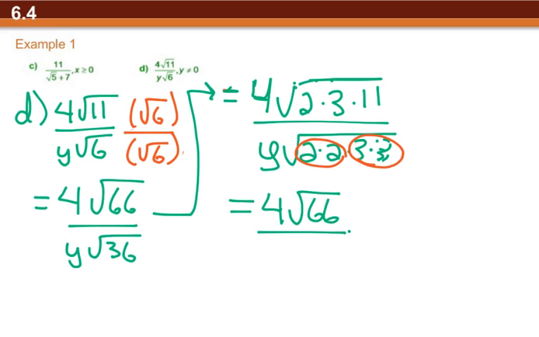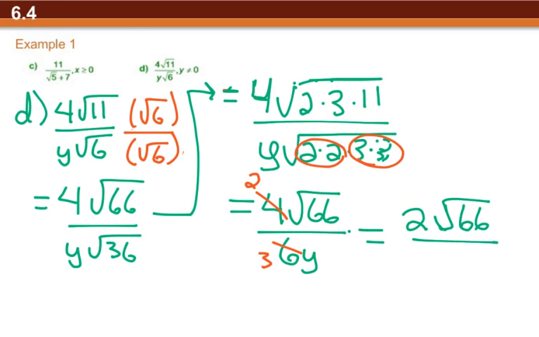On the bottom, the 2 and the 3 come out, multiply into the y. We have 6y. Look to cancel the 4 with the 6y. 4 and 6 reduced to 2 and 3. And our final answer would be 2 root 66 over 3y.